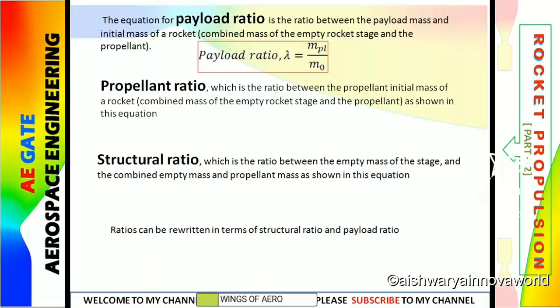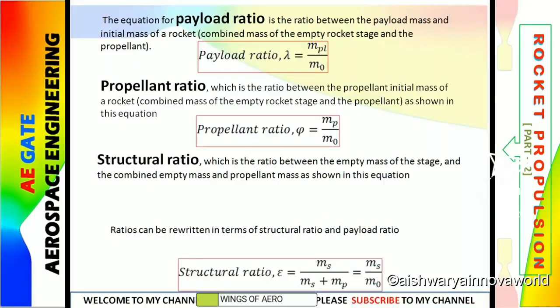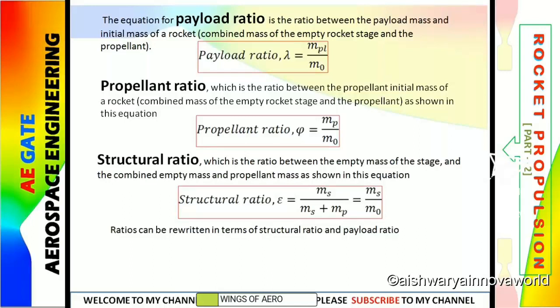Similarly, the propellant ratio, which you have already studied, is MP by M0, the ratio between the propellant mass and the total initial mass. And then comes the structural ratio, which is the mass of the structure by the mass of the total vehicle.